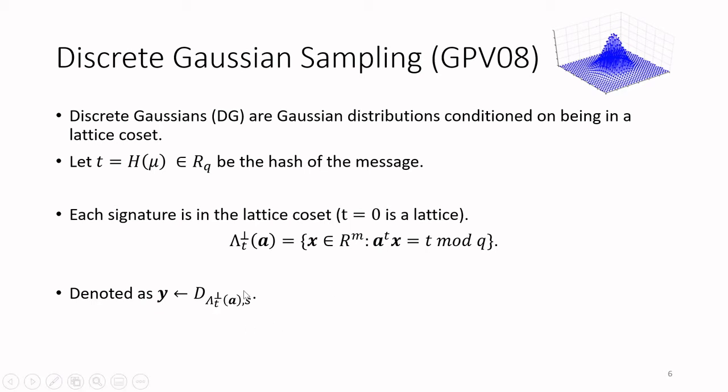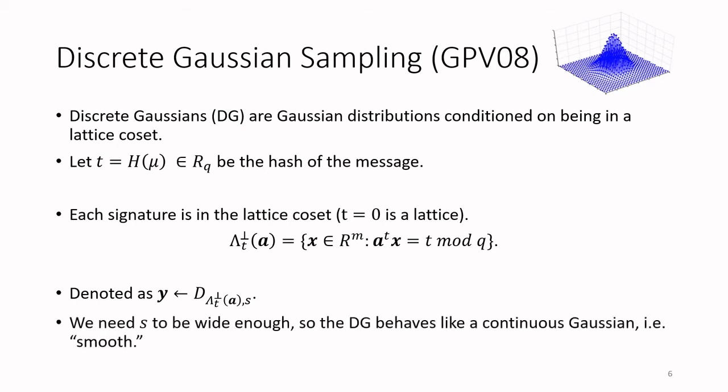It's really the covariance of the continuous Gaussian scaled by 2 pi. And if you don't see another entry here, that means that this distribution is centered at 0. But sampling a zero-centered distribution over a coset is equivalent to sampling a non-zero-centered distribution.